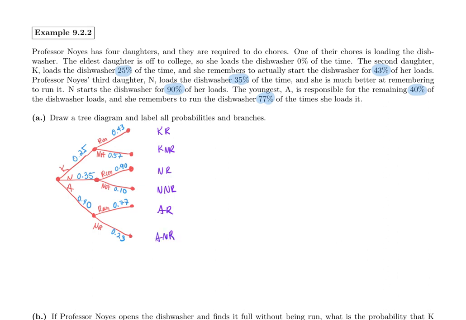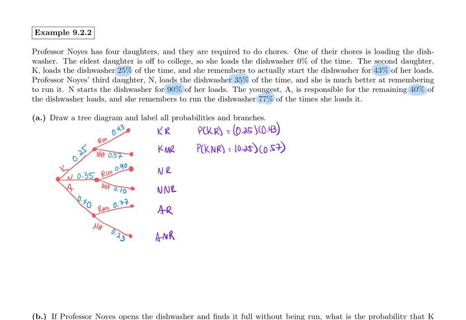Those are our different possible outcomes. The probability that K loaded and ran it would be 0.25 times 0.43. The probability that K loaded it and didn't run it would be 0.25 times 0.57.